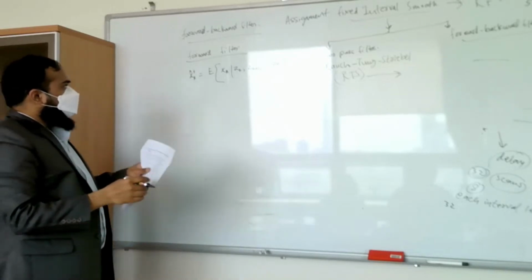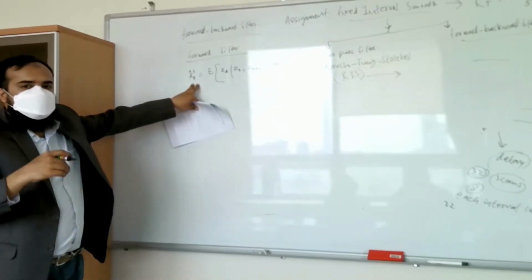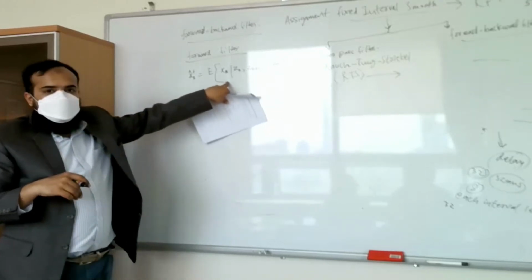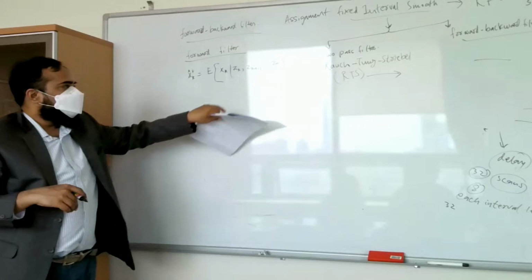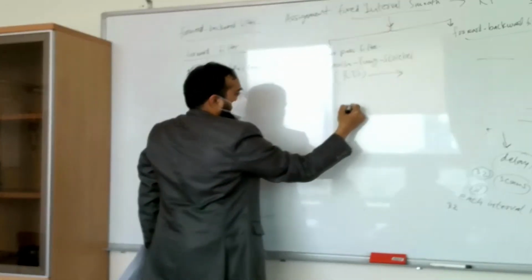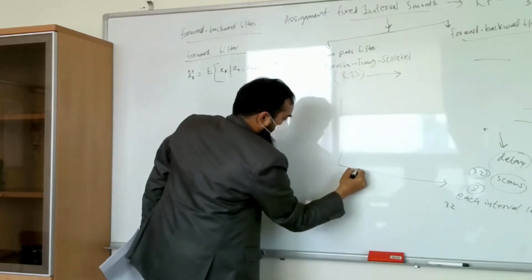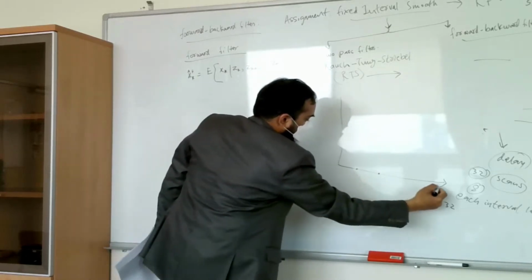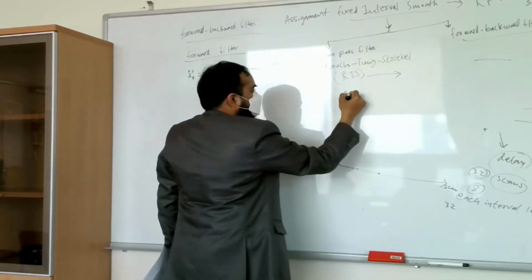First you have to apply the forward filtering, and you have to estimate each scan based on the measurement k. So first you will apply like this one. This is the scan, and this is the estimate.